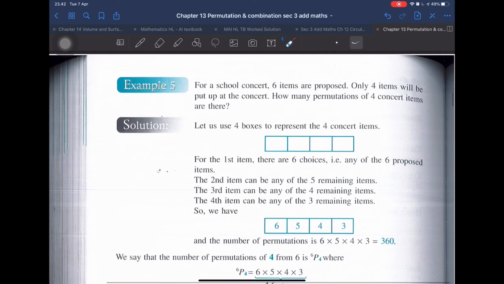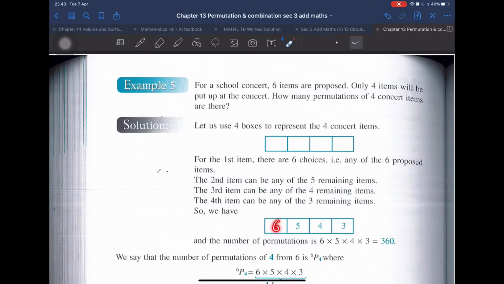Now, the first box is the first possibility. How many possibilities of items to be put in the first box? It's 6 because simply no item has been taken.